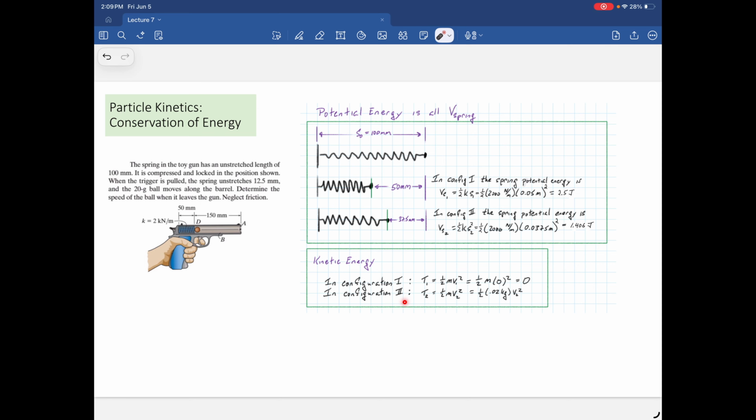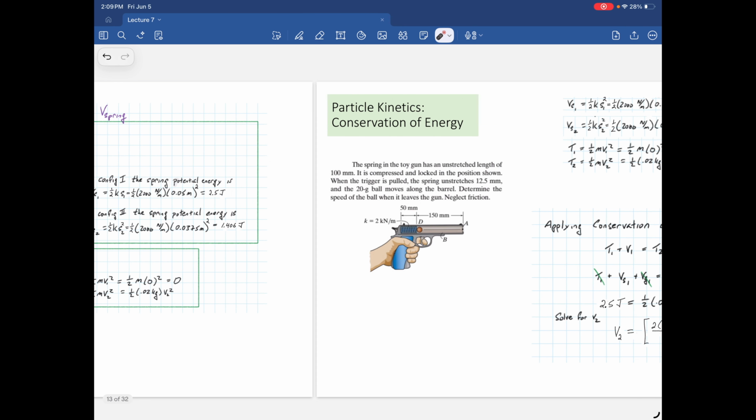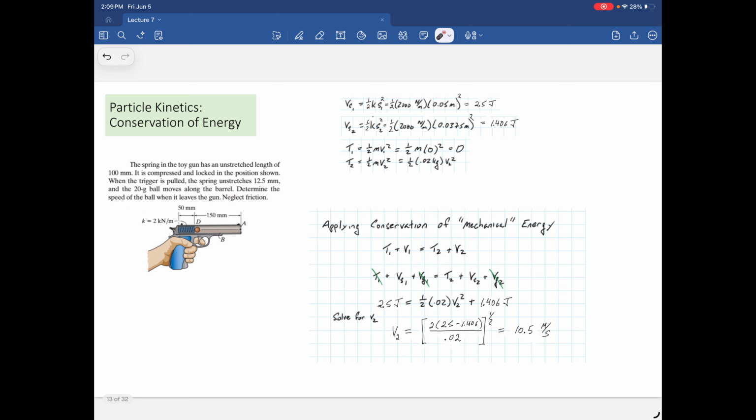In configuration 2, it'll be moving at its velocity, which is what we're looking for, v2. So we have the initial spring energy of 2.5 joules and the initial kinetic energy is 0.